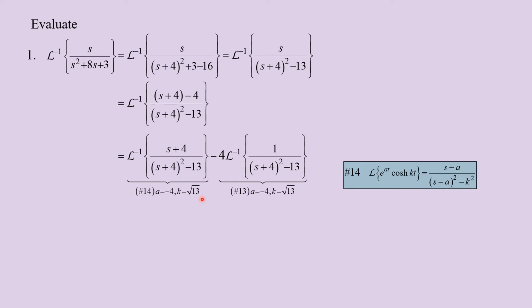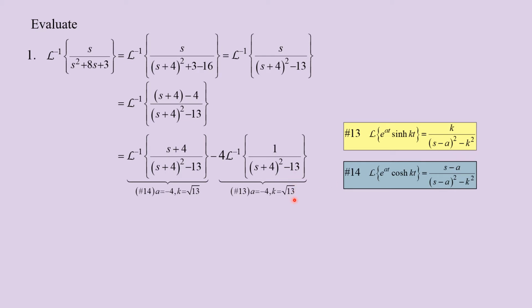Okay, and for this second function, we find out that this expression closely matches the form given at formula number 13, k divided by ((s − a)² − k²). So a must be negative 4, and k² is 13, therefore k must be the square root of 13.